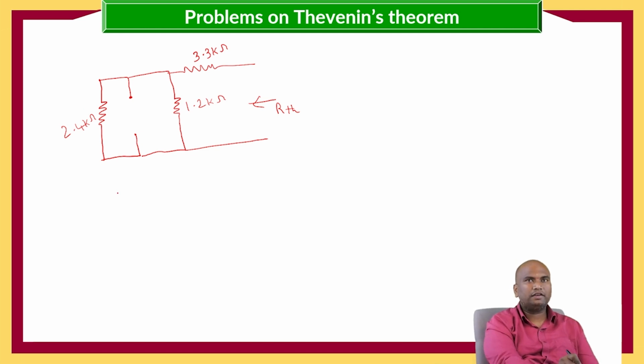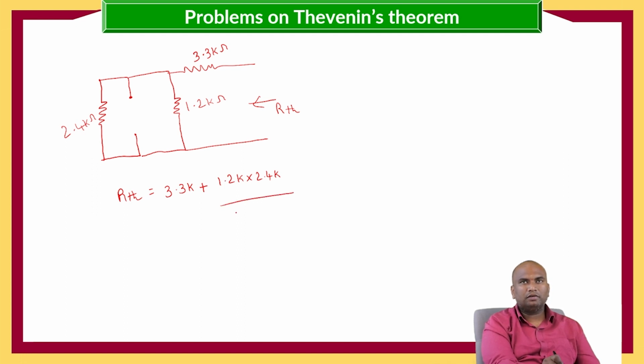So RTH is equal to, directly I am writing, 3.3 kilo in series with 1.2 kilo into 2.4 kilo divided by 1.2k plus 2.4k, that is equal to 4.1 kilo ohms.